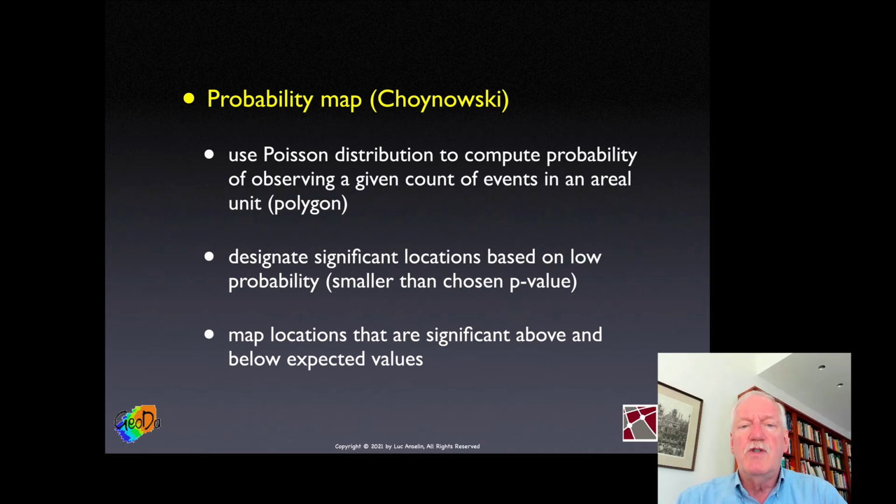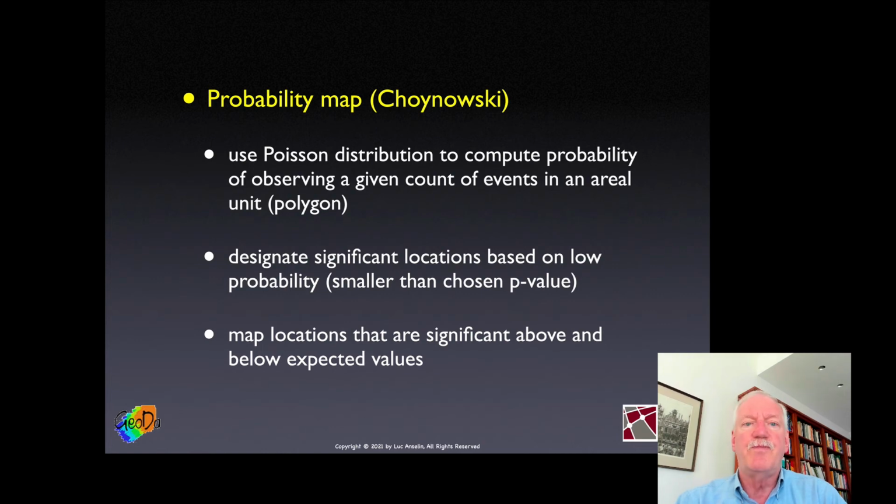Basically, what you do is you take the intensity of the process, and we've computed this for the Chicago stores, and then given that as the mean parameter for a Poisson distribution, we can figure out for any area the probability of having the observed number of events in that area.